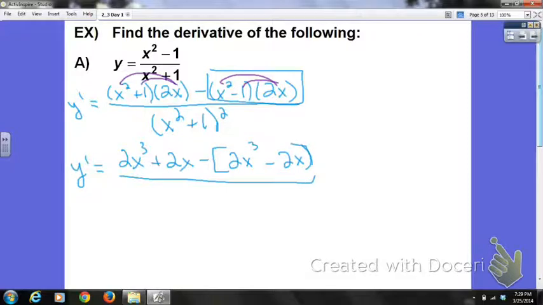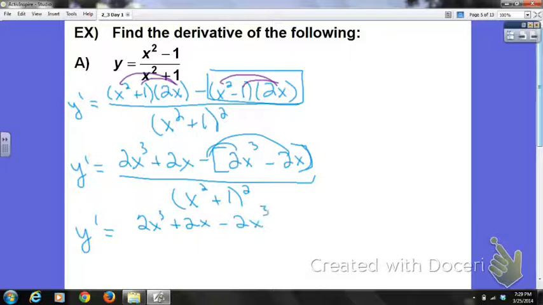Oops, bracket. All over denominator squared we go. When I distribute my negative into this quantity, I have y prime is equal to 2x cubed plus 2x minus 2x cubed plus 2x all over x squared plus 1 quantity squared.